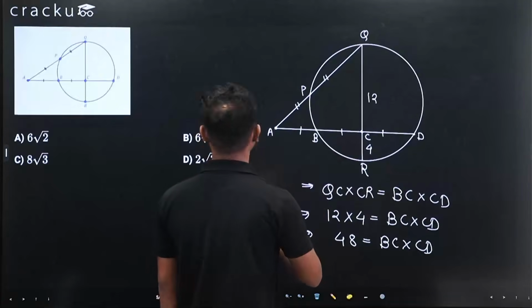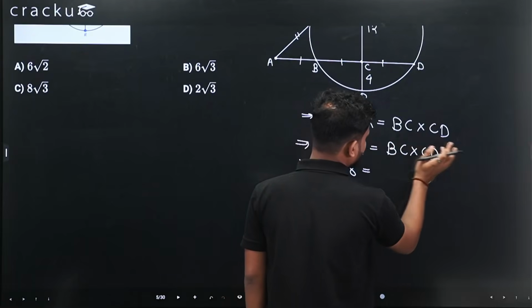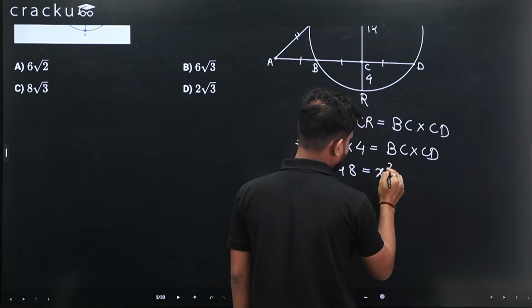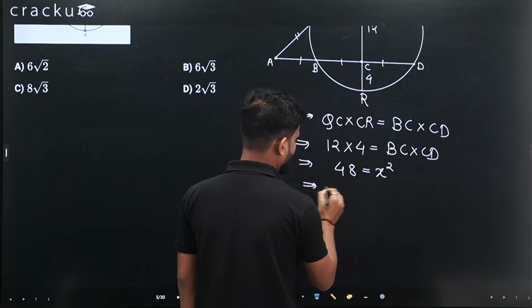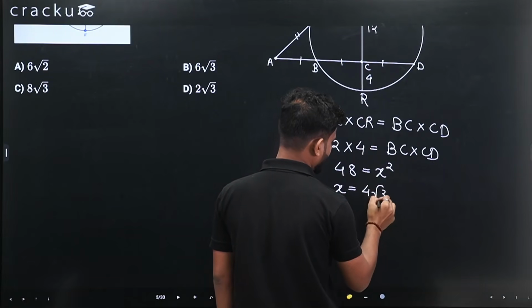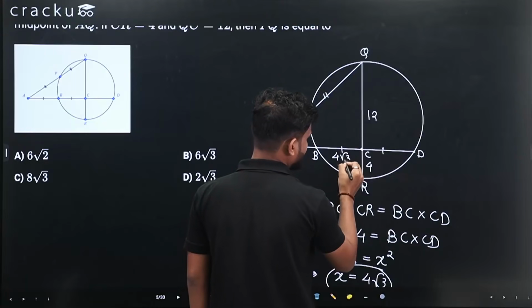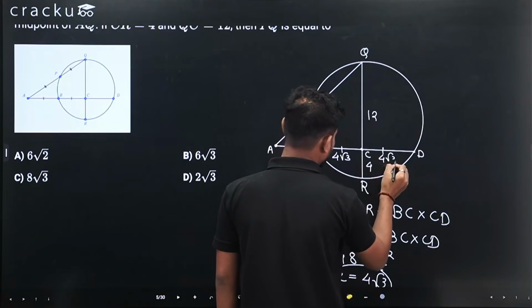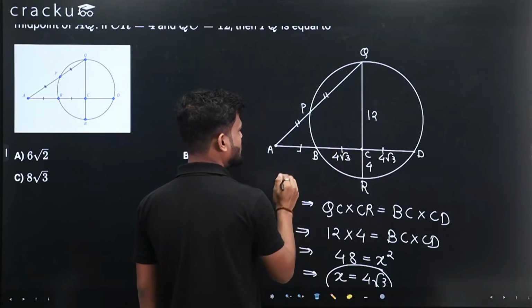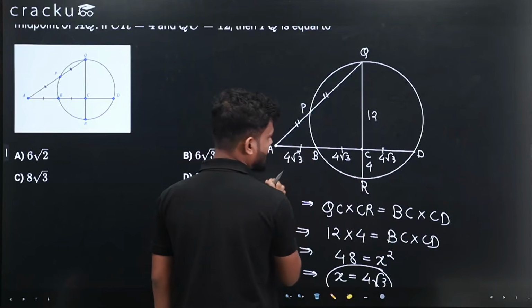But we have also been given that BC is equal to CD. So if I put both equal to x, then I will get x square equal to 48, and x equal to 4 root 3. So I can say BC is 4 root 3, CD is 4 root 3, and AB is also equal to BC only. So AB will also be equal to 4 root 3.